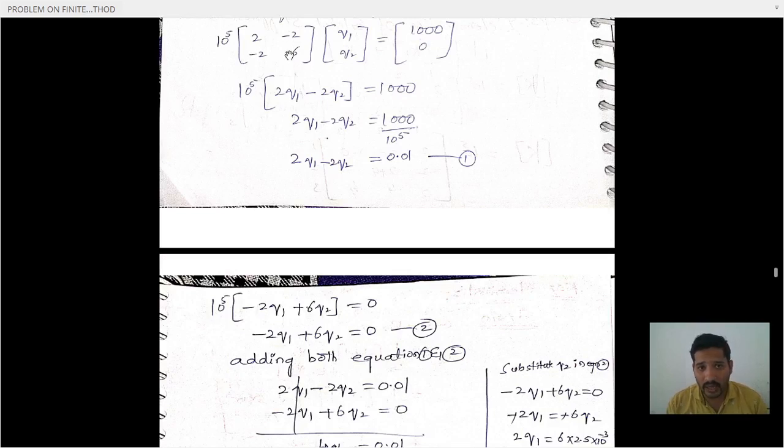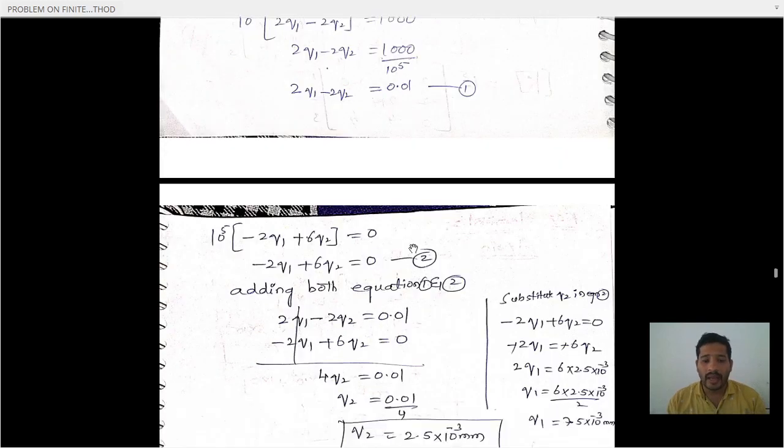For the second row, first column, minus 2 into Q1 plus 6 into Q2 equals 0. If you divide 0 by any number, it becomes 0. Minus 2Q1 plus 6Q2 equals 0. So it is considered as equation number 2.